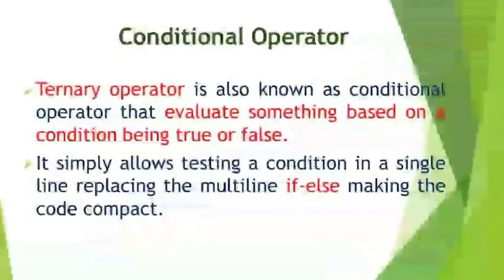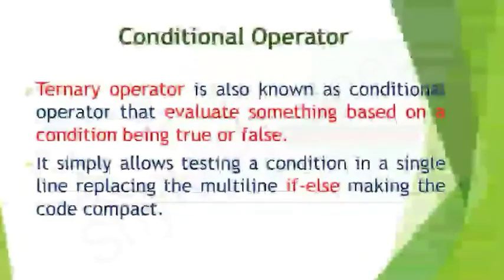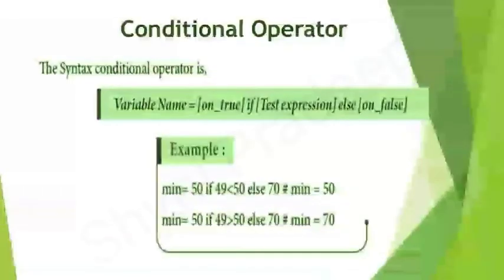So next let us see the conditional operator. This conditional operator is also known as the ternary operator. In a conditional operator, one condition is given, and based on that condition you have to do calculations. The syntax is: variable name = true value if test expression else false value. Test expression means condition.